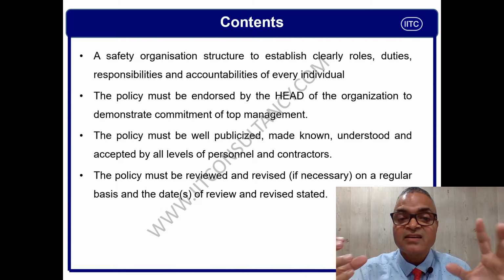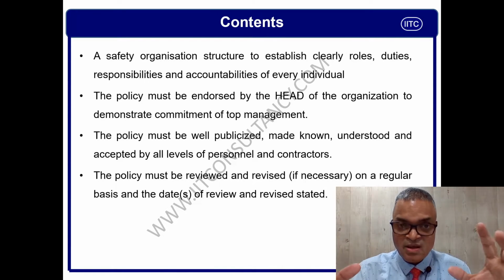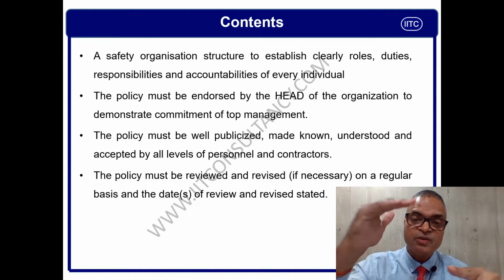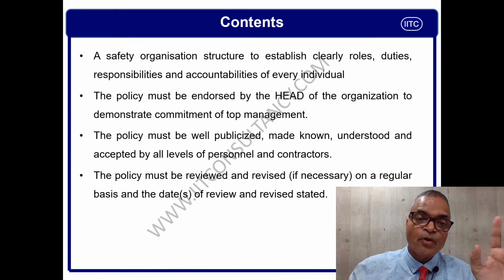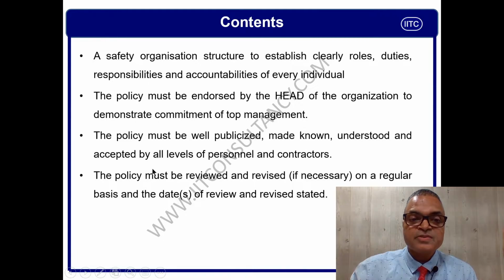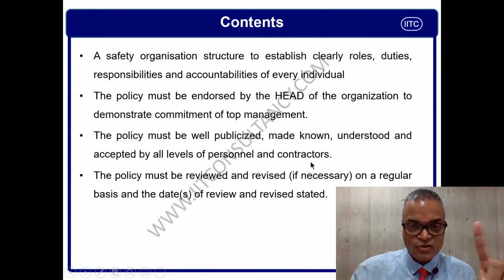But corporate policy should not be a plant-specific policy. Every plant must have a plant-specific policy, and this policy must be signed by the top person of the plant. The policy must be well publicized, well known, understood and accepted by all levels of personnel and contractors.